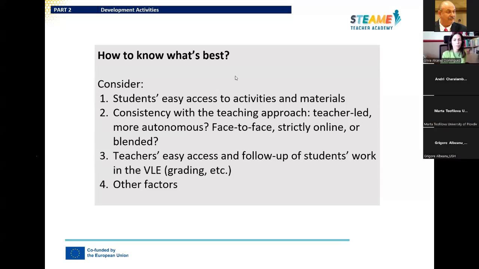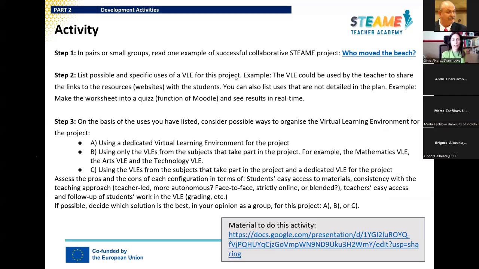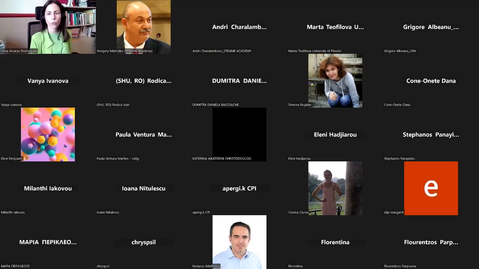So now I was thinking of doing a small group activity where you will be in split groups, and you have to look at one lesson plan like the one I showed you, but it's a different one.